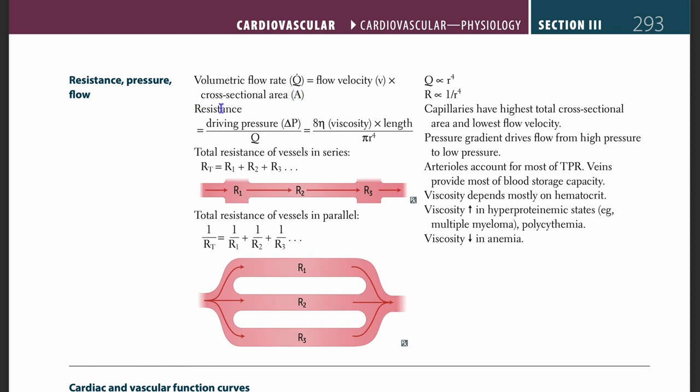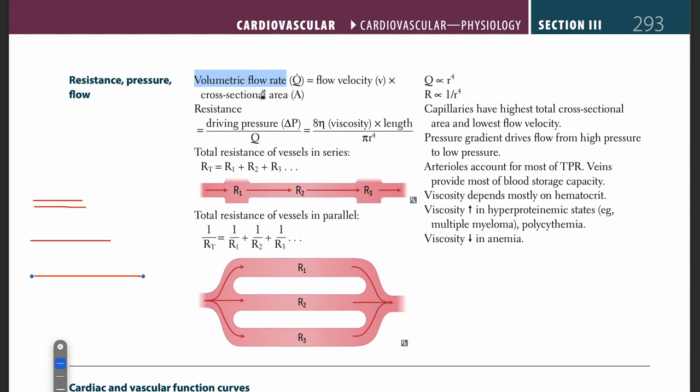So what that actually means is, if the cross-sectional area is increased, like a big one like that, you're going to have a bigger flow rate. If the cross-sectional area is decreased, like this one, it's going to have a lower flow rate than a vessel that's this big, right? Because more is going to flow through the big one.